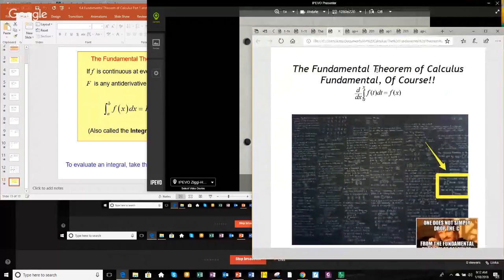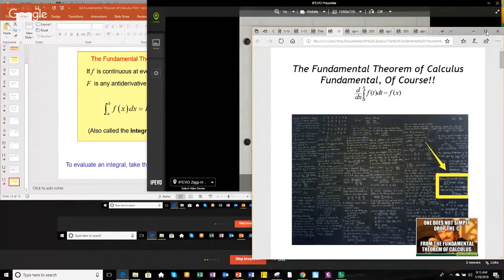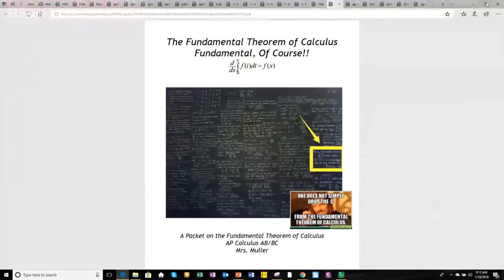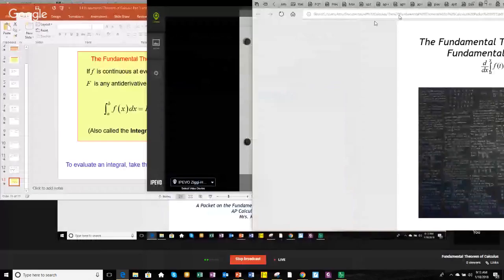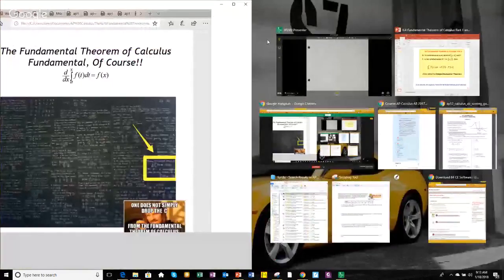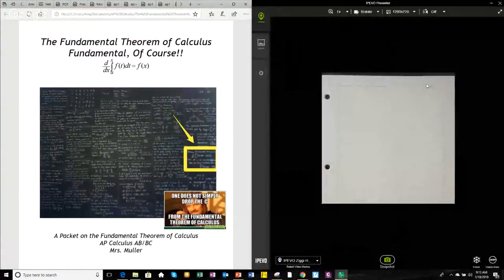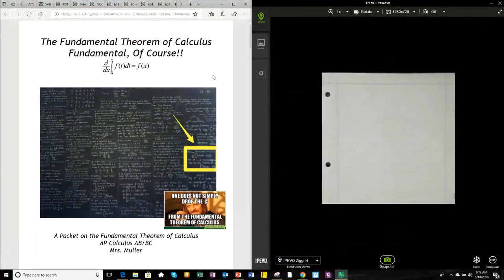I'm going to hopefully grab this, and well, it's not cooperating. Here we go. I want it to be huge, like that. And then I want this to be like this, so we can see the packet and my working it out here. All right, so this is the fundamental theorem of calculus packet that I came up with.